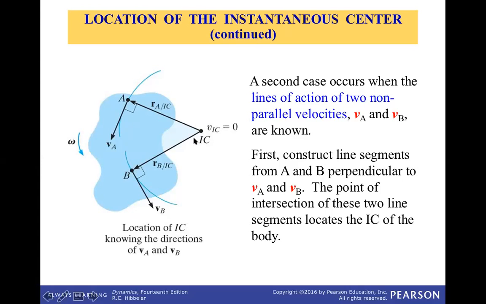In this case, you can see the IC may lie outside the body. This is the same scenario as the stick we checked earlier when it slides down the wall. So in the second scenario, you know VA for point A and VB for point B.